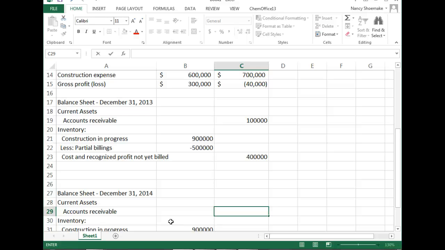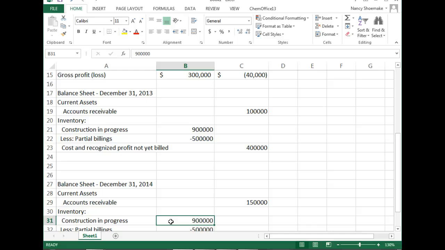So we have the 100,000 we're carrying over from the previous year, or what we can do is combine them. The 1350 minus the 1200 that's been collected gives us an accounts receivable of 150.